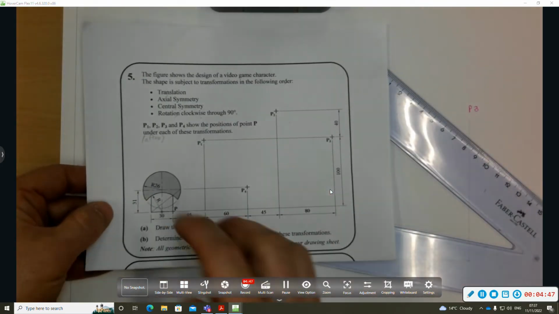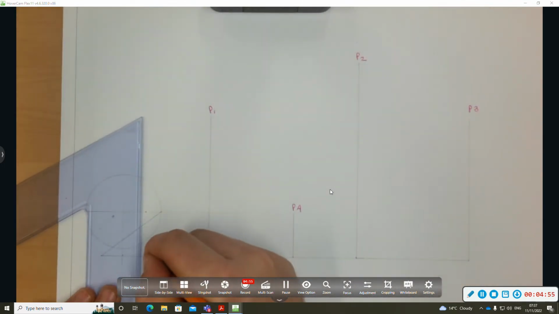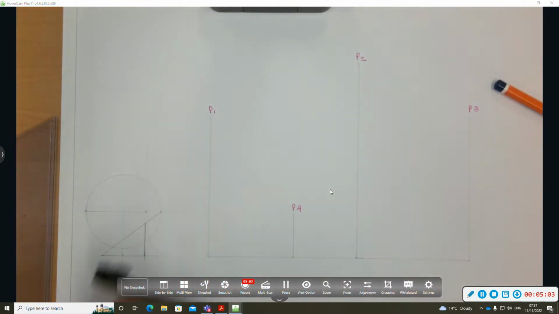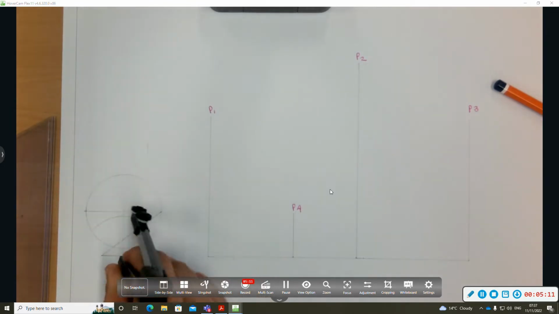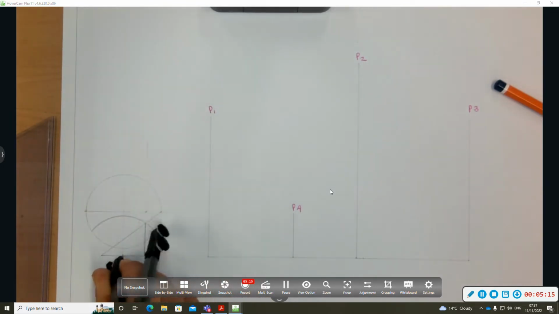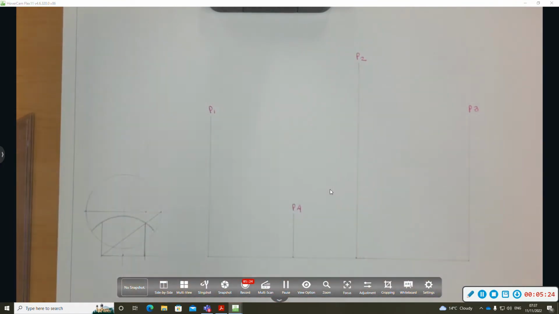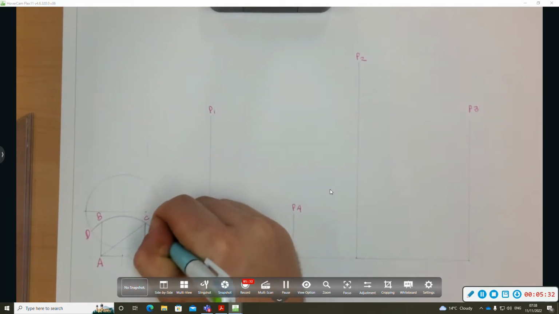Then I have to join those corners there for the vertical lines there, so I can go up there until it intersects it. That's the point on the radius of the arc. So I can put my compass to the bottom and draw that in. Then label my points.